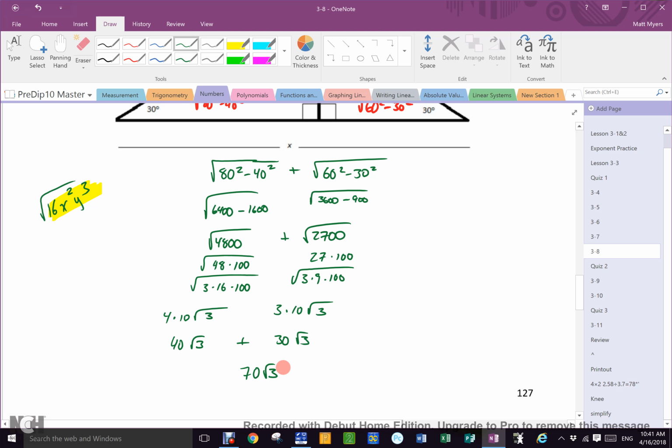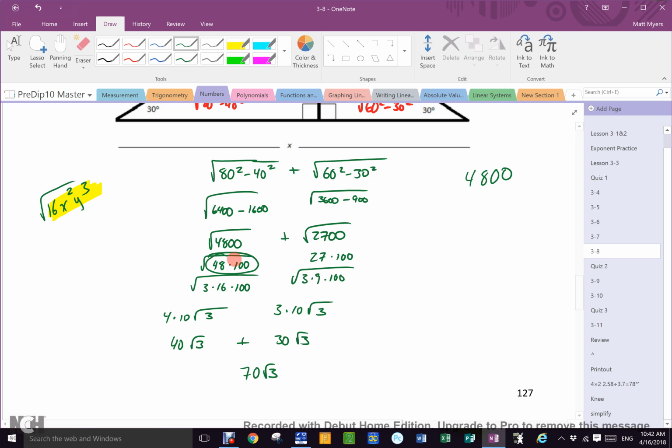Okay. Now, if you don't see these, what must you do? You must prime factor, yes? But do you really want to break down that? Probably not. So you need to recognize things like this. Is everybody cool?